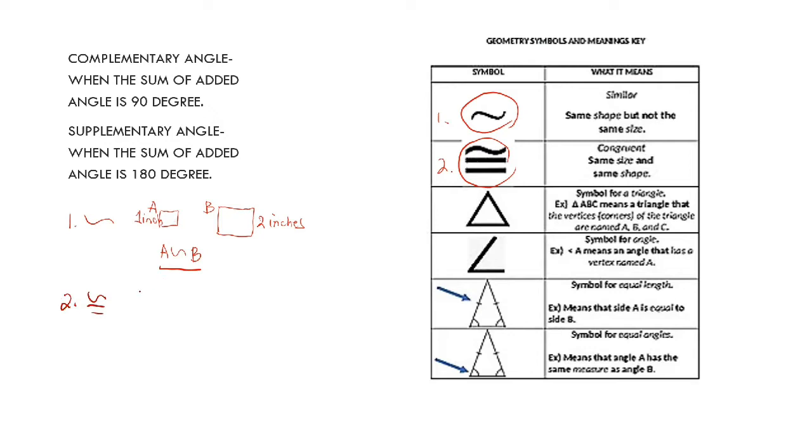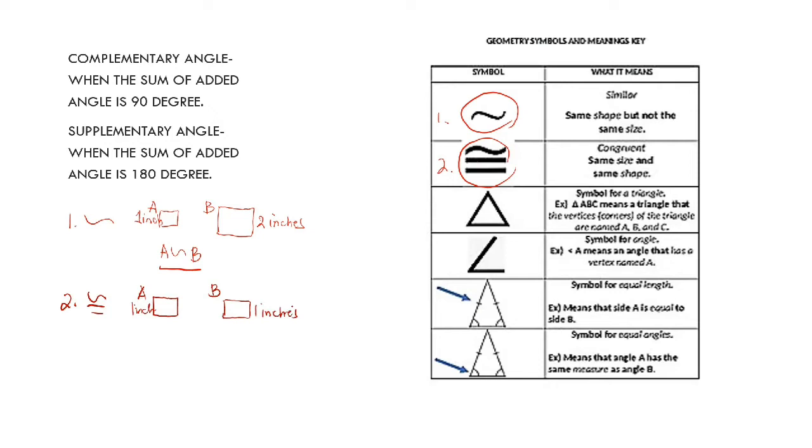We have shape A, which is also a square, and shape B, which is also a square. Let's say the first square measures 1 inch, and the second square, the measurement of the side is 1 inch.